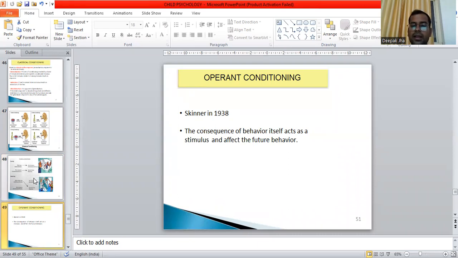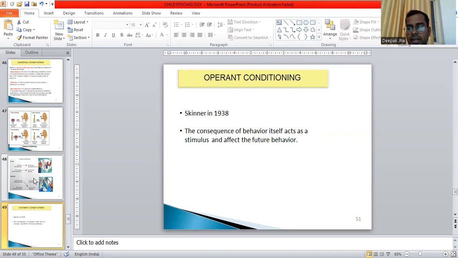Suppose a child does a very good job, he gets very good grades in his school, number one. And if the parent pats the child or gives him a toy for getting good marks, then this consequence of the first behavior will act as a stimulus for the future behavior.